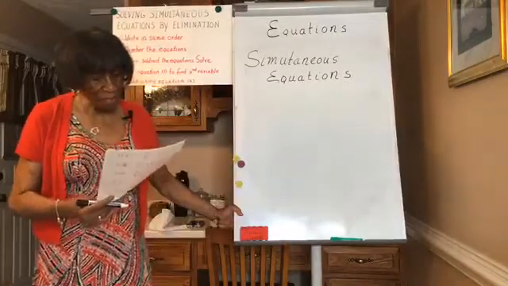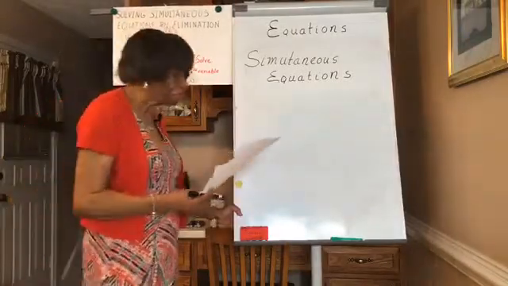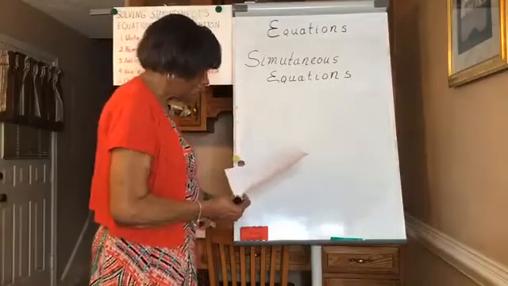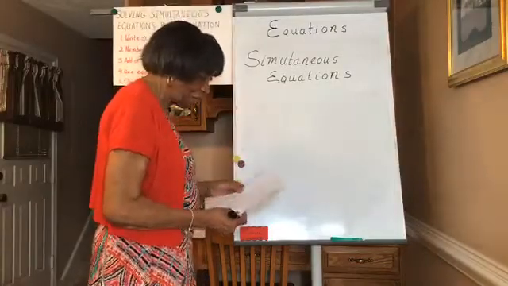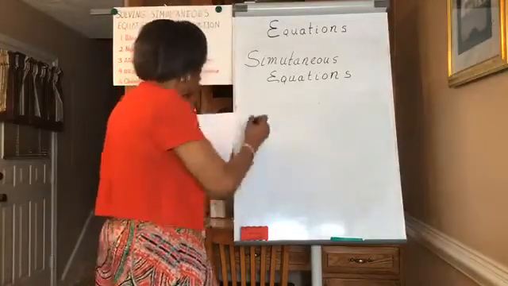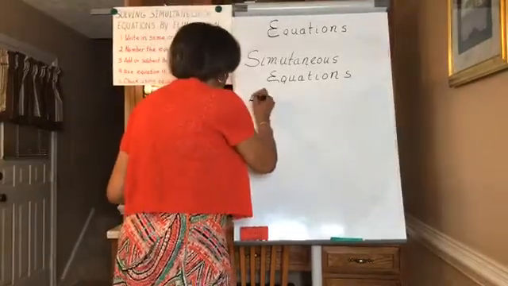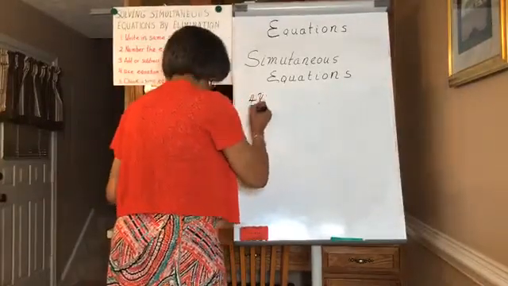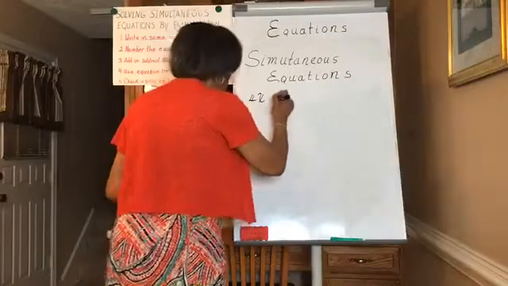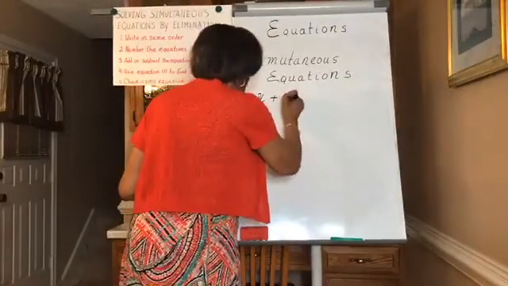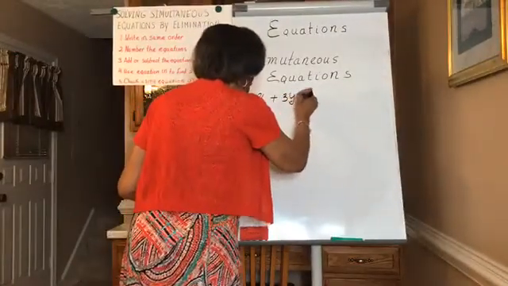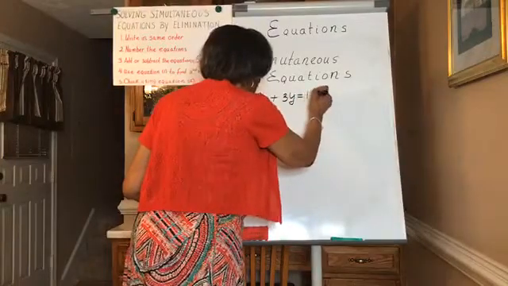Okay, so I'm going to give you something a little bit different. Let's see. If I gave you one like 4x plus 3y equals 15.